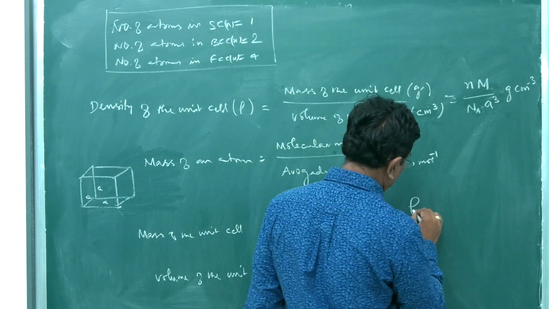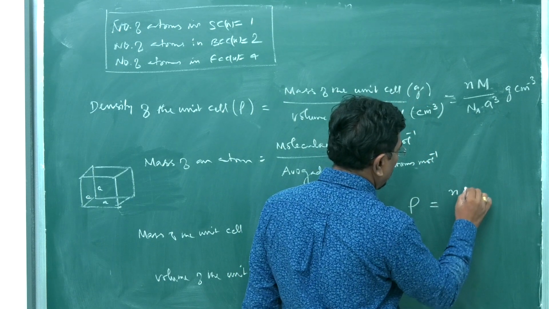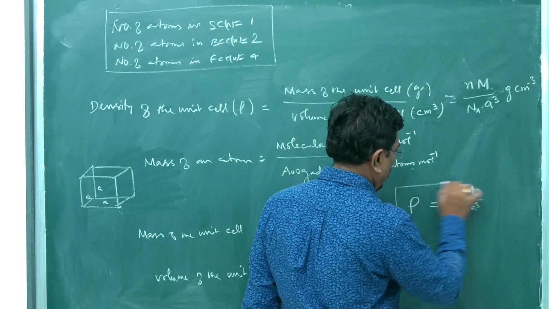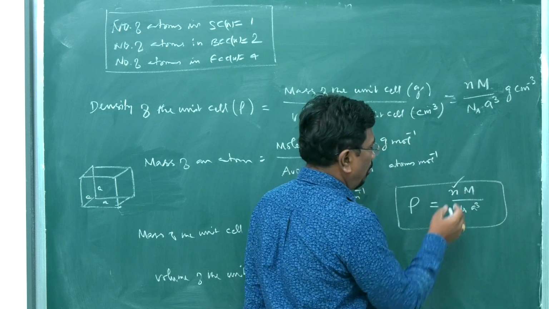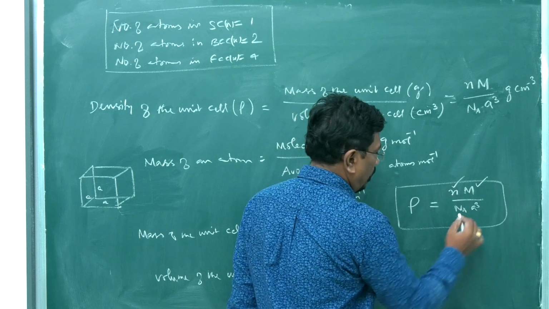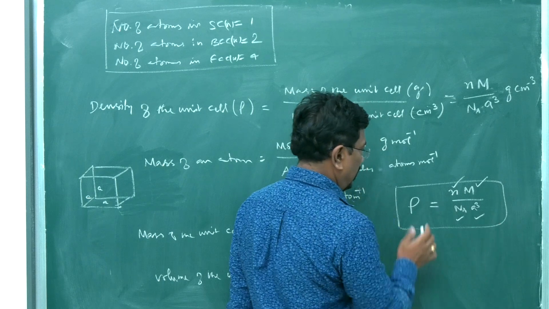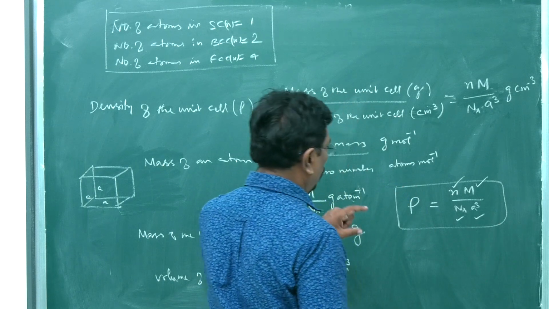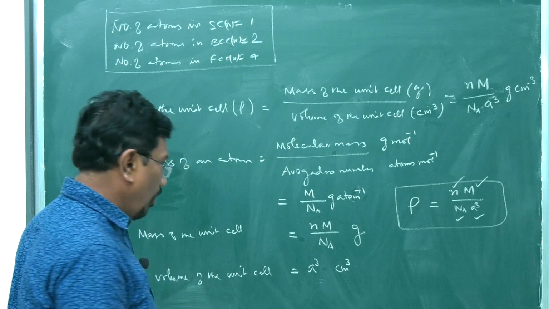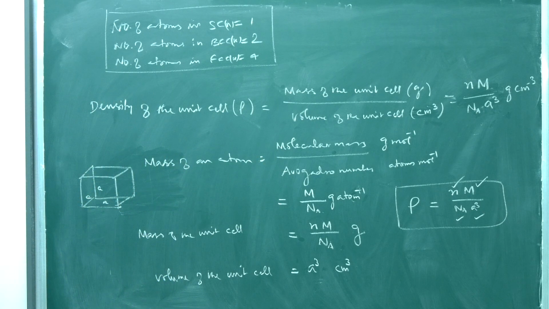Density of the unit cell rho is equal to n into M divided by Na into A cube. What is n then? Number of atoms in a particular unit cell, M molecular mass, Na Avogadro number, A edge length, that will give density. Now, based upon this formula, let us try to calculate few sums. All right. Let me go into sums.